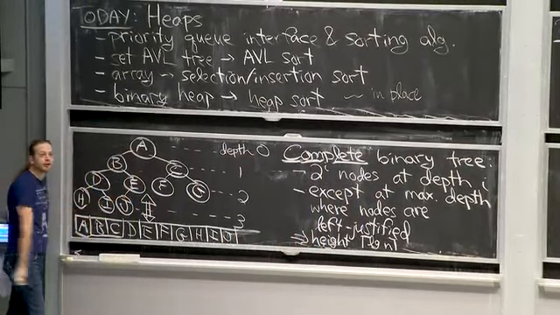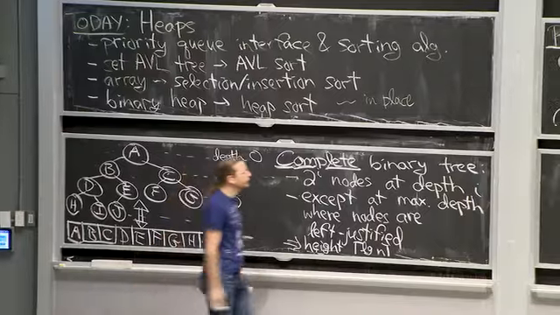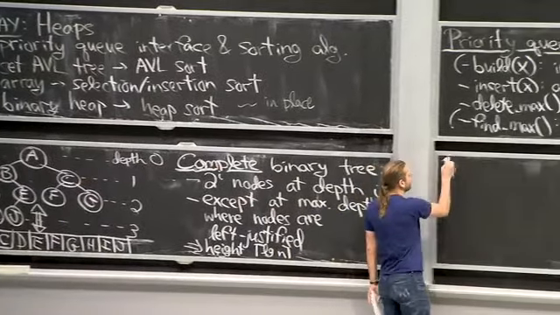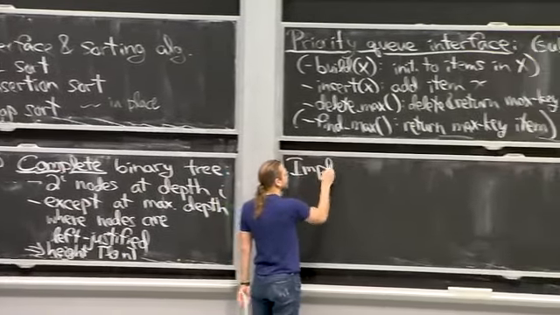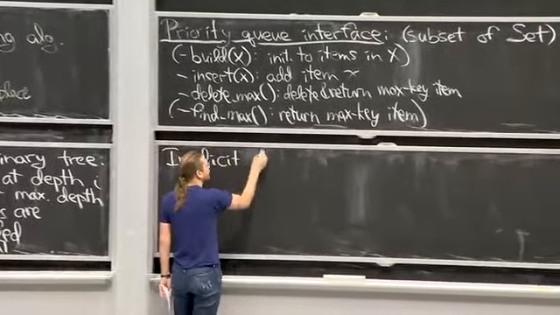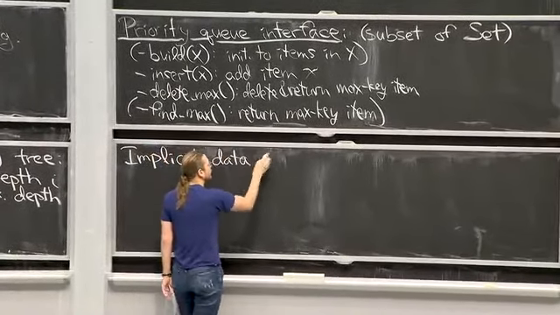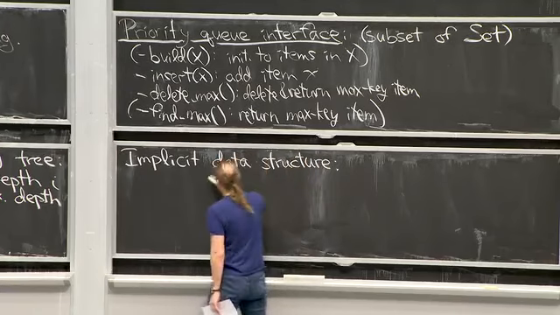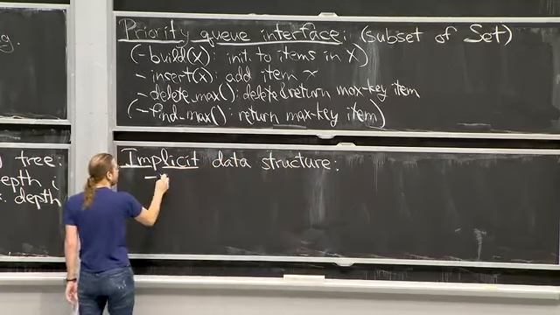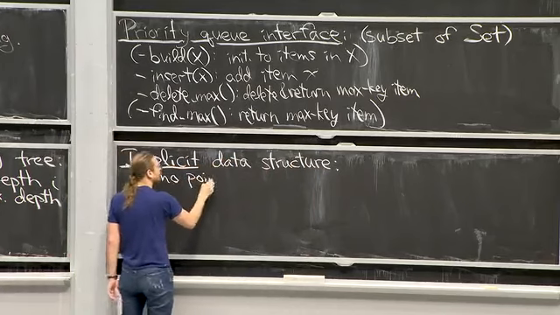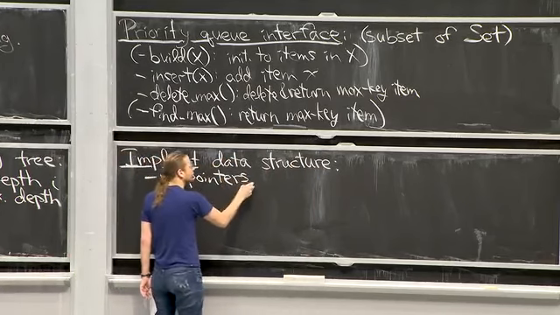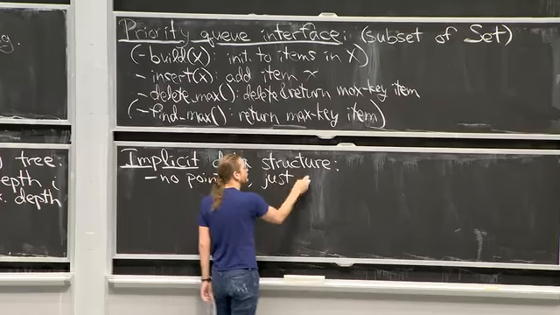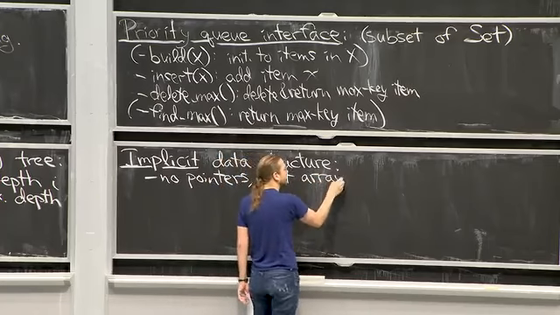We're just going to store the array. This is what we call an implicit data structure, which basically means no pointers, just an array of the n items.